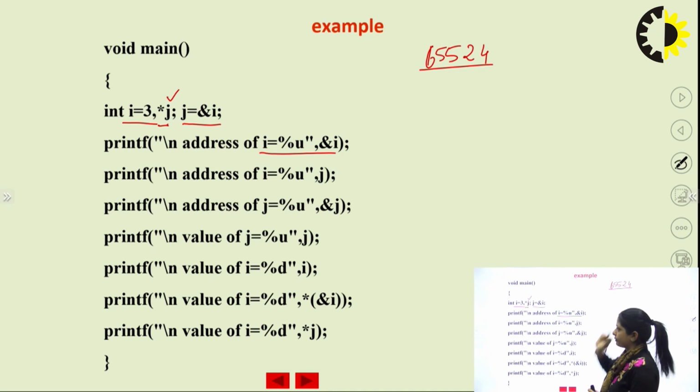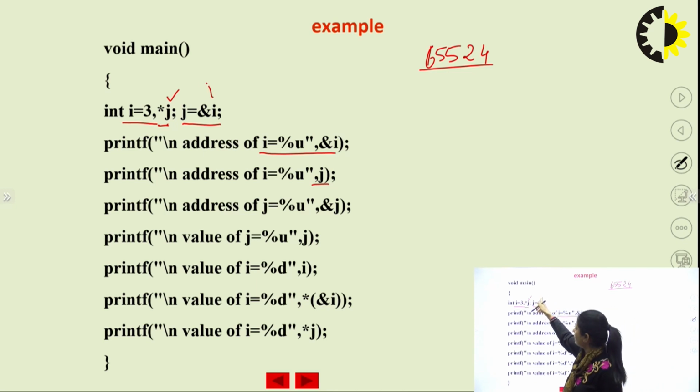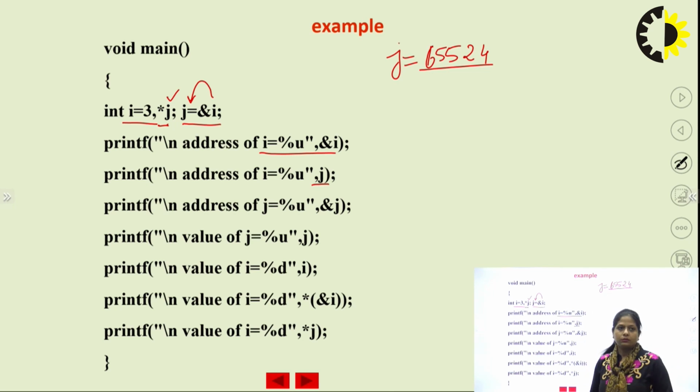It is 65524. Now, if I try to print j, what will it display? J is equal to address of I. I have assigned the address of I to j. When I assigned the address of I to j, that means j is equal to the address of I, for example 65524.